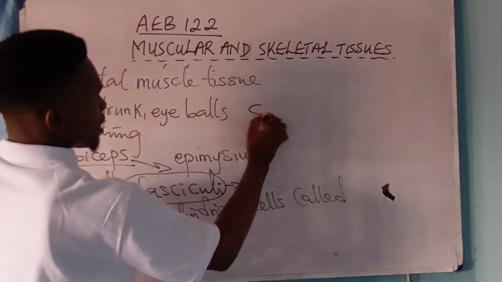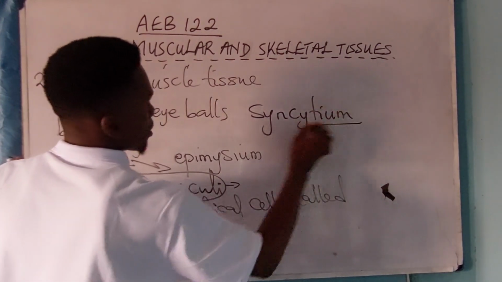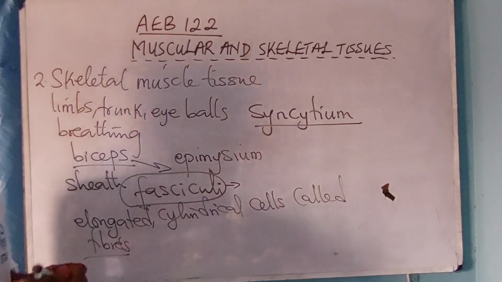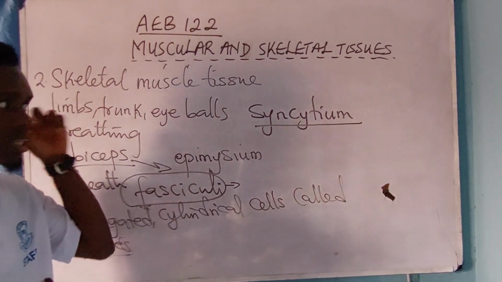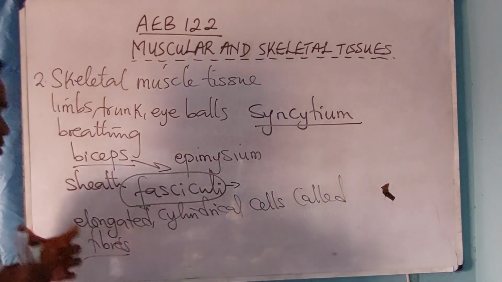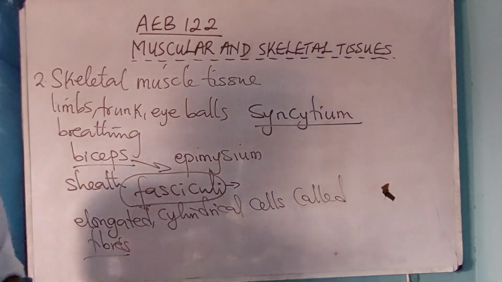Syncytium. They are what? Syncytium. Syncytium is a cell that comprises two or more nuclei, all right? A syncytium is a cell that comprises two or more nuclei. So please take note of that.